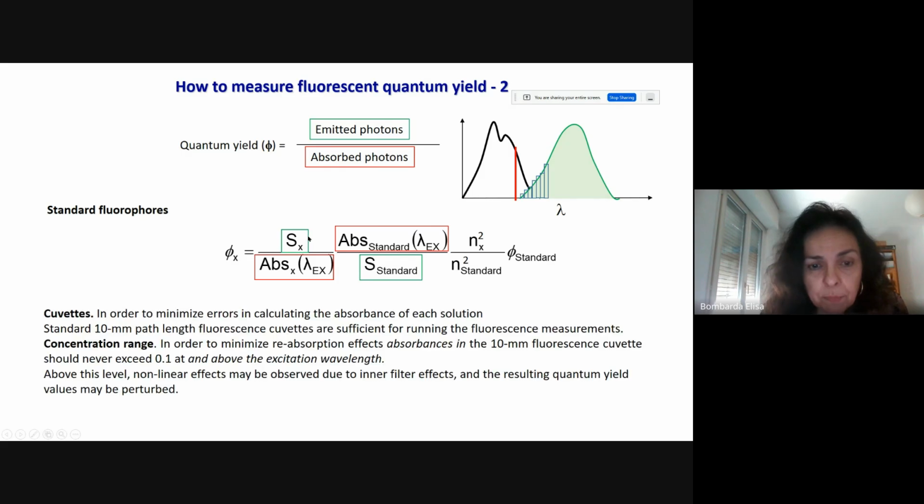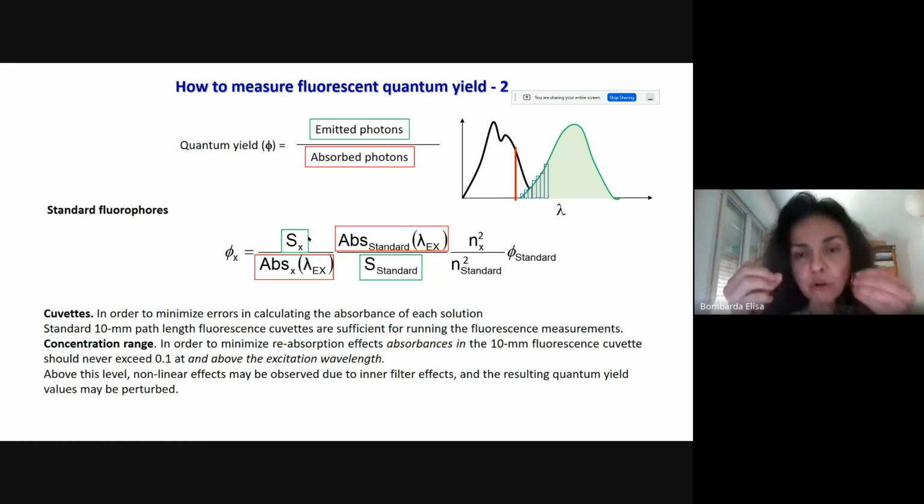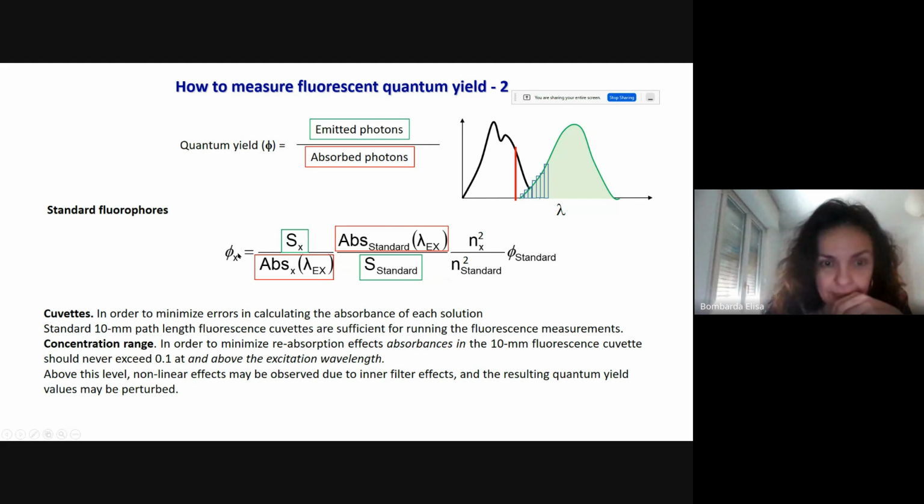And this is a parameter that is between 0 and 1, or 0% to 100% of emission. It tells me how powerful the fluorescence of my compound is. Normally there are few compounds with a quantum yield close to 1.